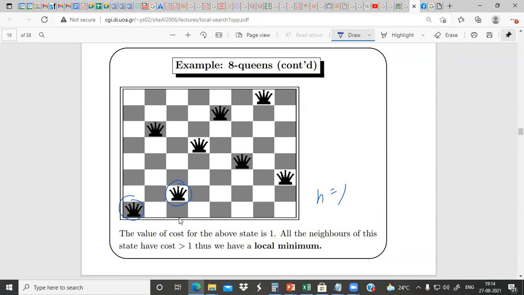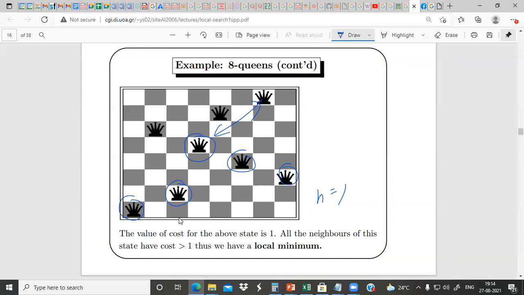This queen also cannot be attacked by any queen. This one is also not attacked by any queen. Yeah, this queen can be attacked by this queen, so this is only one pair of attack, nothing else. This queen cannot be attacked by anything. This queen also cannot be attacked by anything. So its H value is 1.